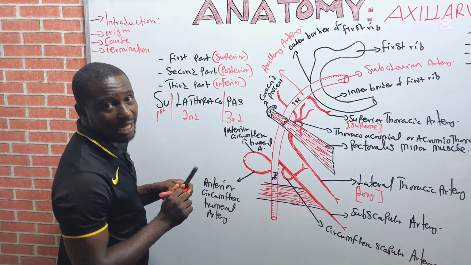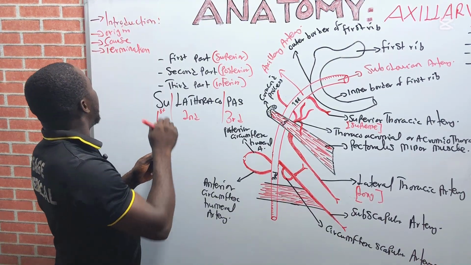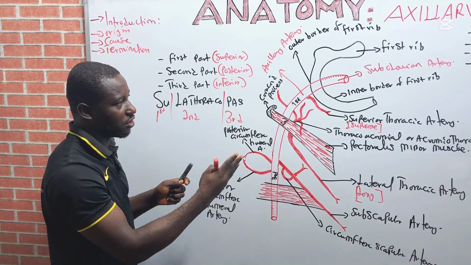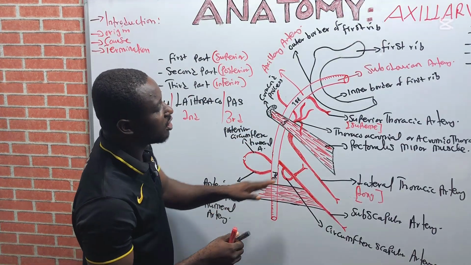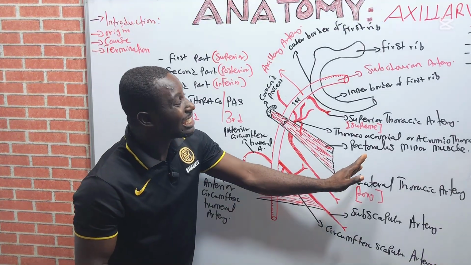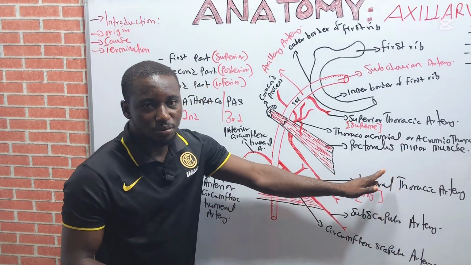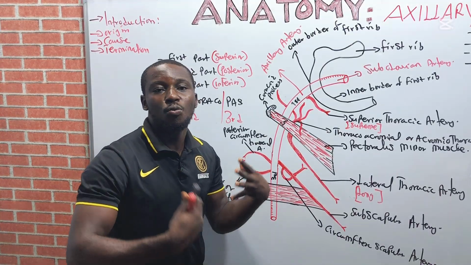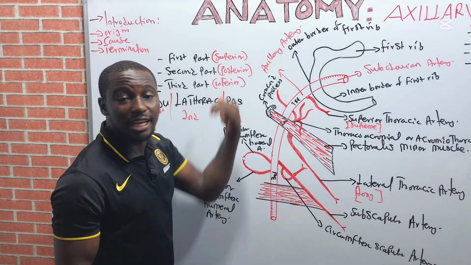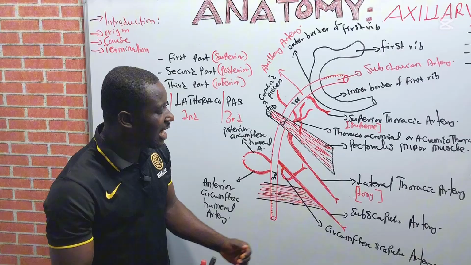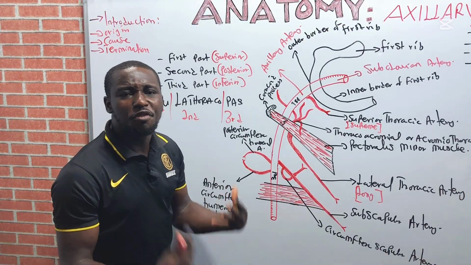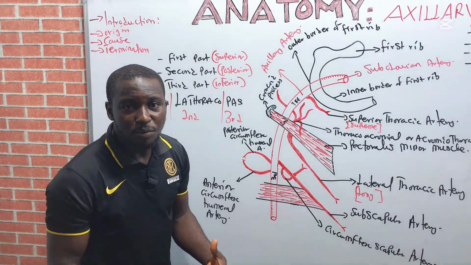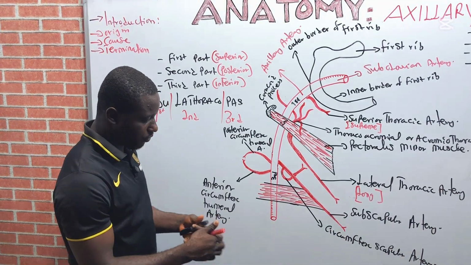But you have to understand that, right? Along the course of the axillary artery, still on the course, once the pectoralis minor muscle crosses it superficially to divide it into three parts, it also descends downward. On reaching the level of the inferior border, or the lower border, of the teres major muscle, it terminates by becoming the brachial artery, right?